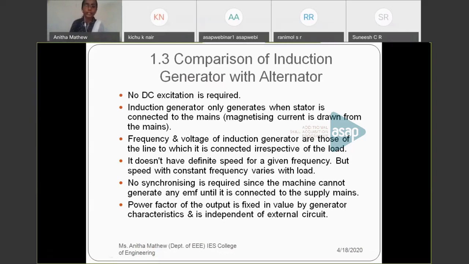Next, no synchronizing is required since there is no EMF until it is connected to the supply. Last, a unique feature of the induction generator: the power factor of the output is fixed and is leading and is independent of the external circuit. The power factor is leading.